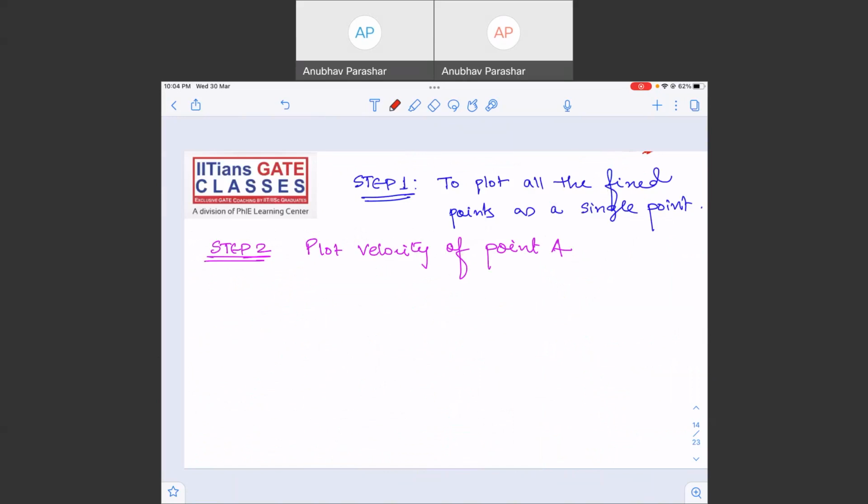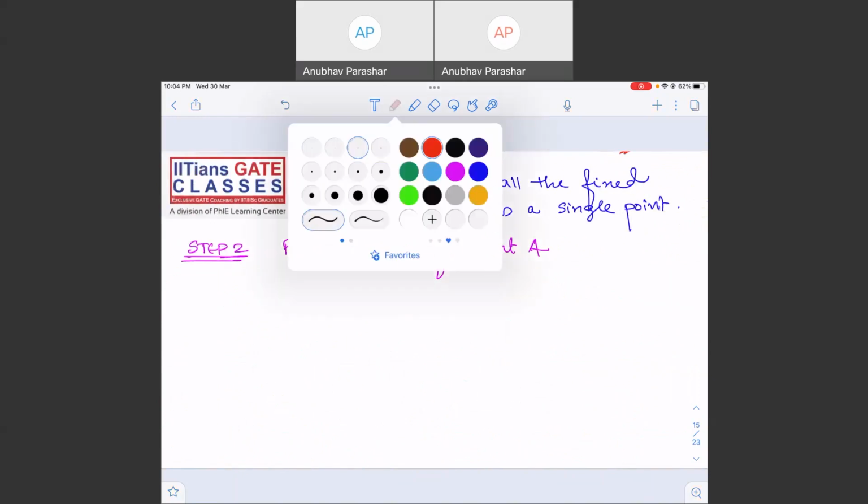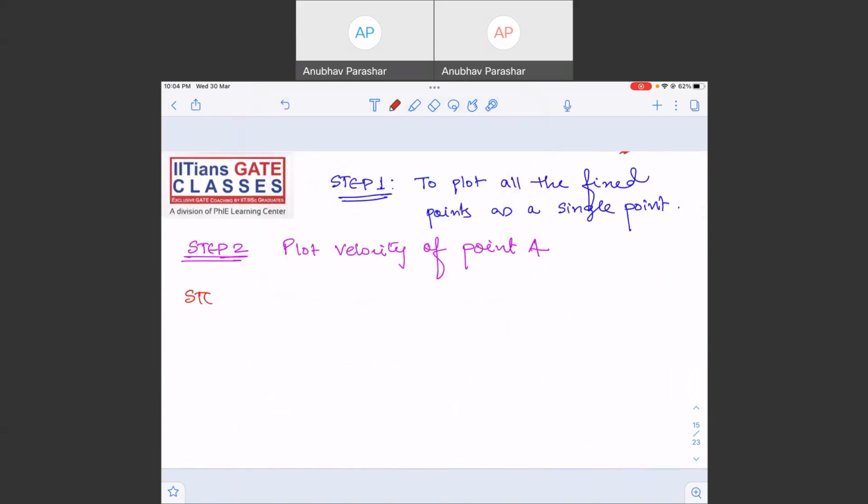Okay, right? So what is the step 3? So we have plotted the velocity of point A, and step 3 is, what is step 3? Step 3 is plot velocity of B with respect to A. So what is step 4?